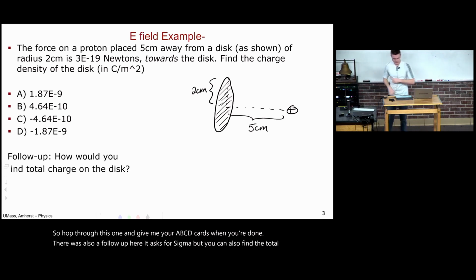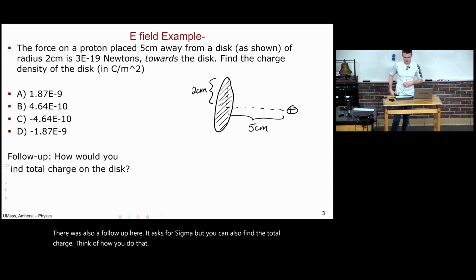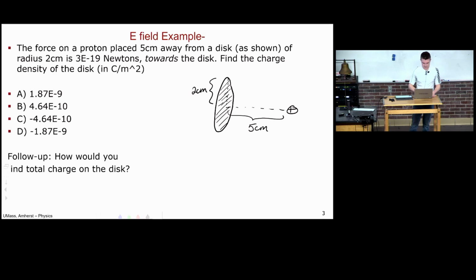Think of how you do that. This positive charge is a proton, by the way.